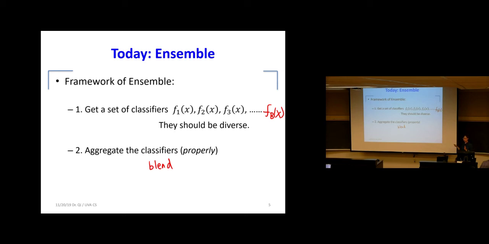If they are too similar, it doesn't make sense to have multiple committee members vote together, because they always have similar votes. So what type of models has a lot of variation? Normally those classifiers that vary a lot, which have high variance. High variance predictors are very good candidates for base classifiers, especially if you use a bagging type of blending.